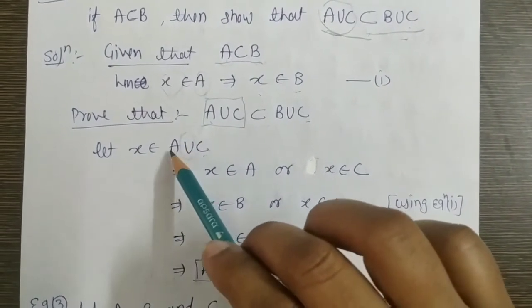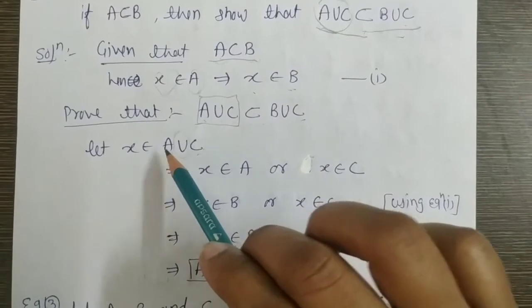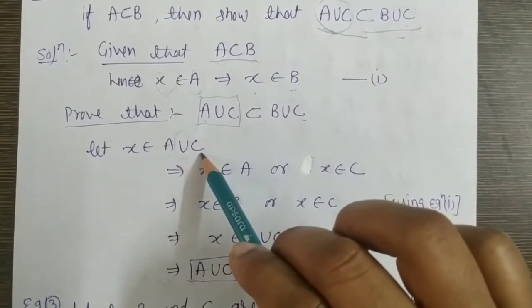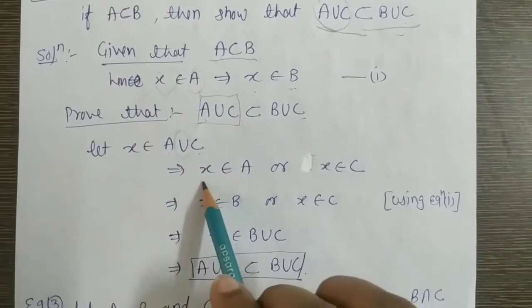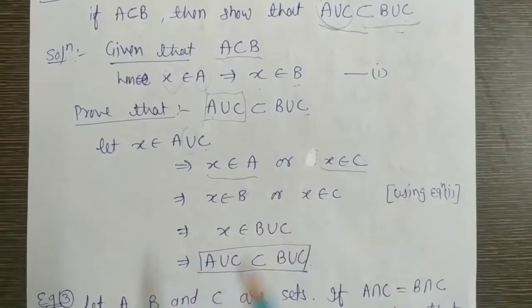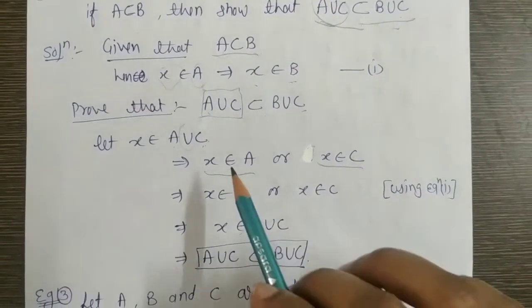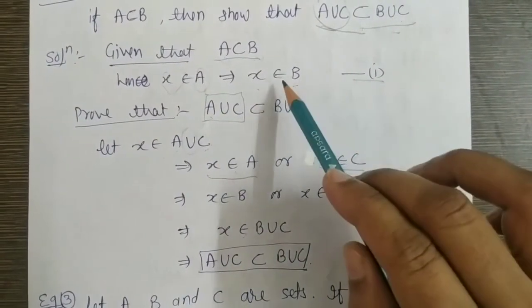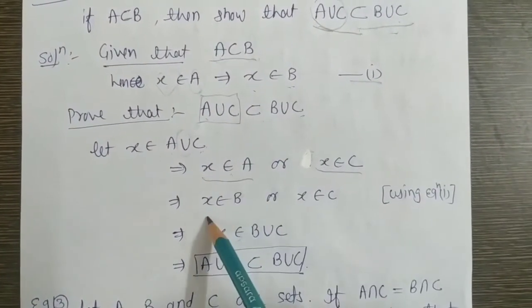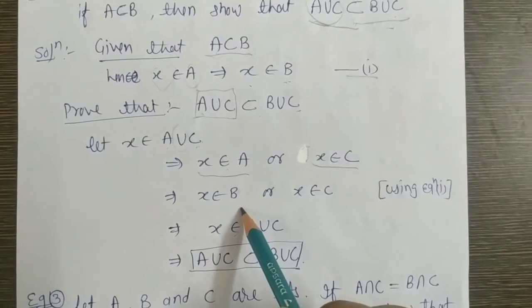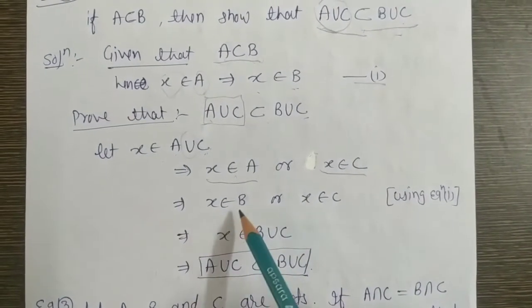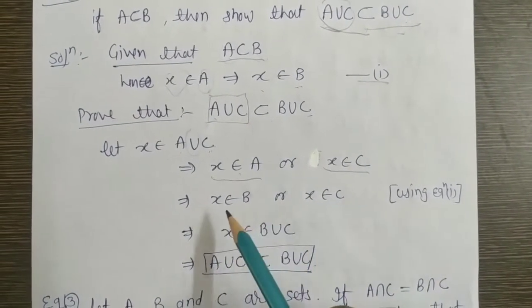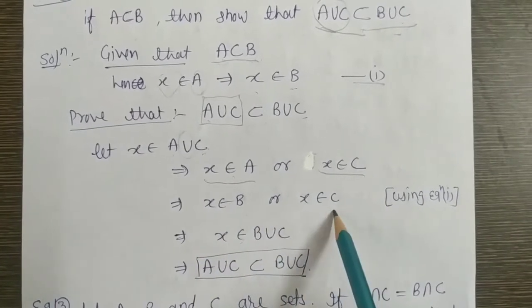So it is possible that X belongs to A or X belongs to C. Since X belongs to A, from the first equation we get that X belongs to B. Now X belongs to B, and may belong to B or may belong to C.